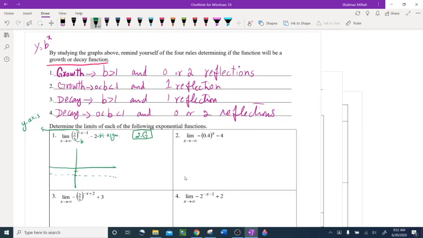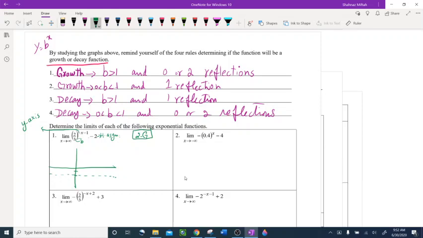Now, I already said that's a growth, and when we do a reflection across the x-axis, this is not the x-axis, this is the y-axis in this question, but I'm just telling you, if we do consider a reflection across the x-axis, we are considering this horizontal asymptote as the x-axis to reflect here and there, not this x-axis, the horizontal one, okay? So how do I graph that? Since it's a growth and -2 is a horizontal asymptote, and I know this is my reflection across the y-axis.